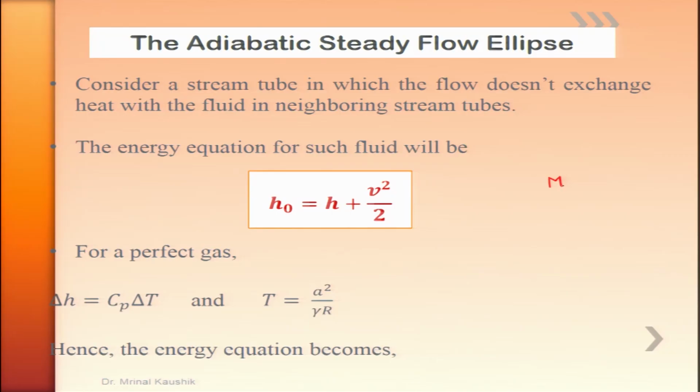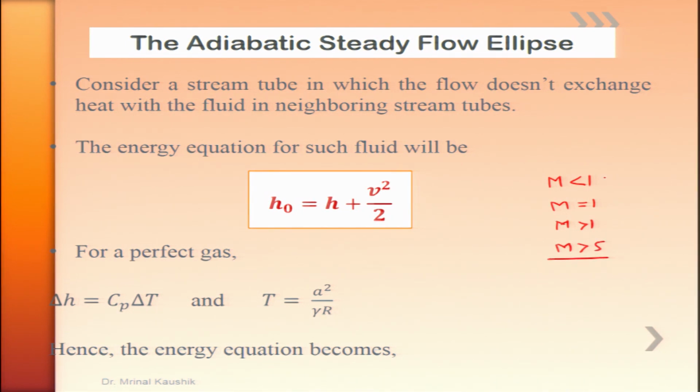And we essentially see what happens when the Mach number is less than 1, equal to 1, greater than 1, and greater than 5.